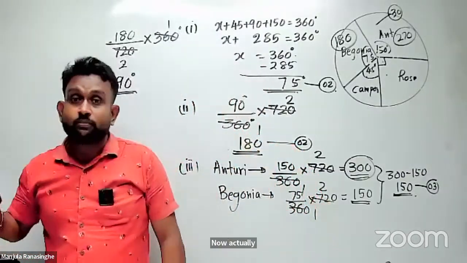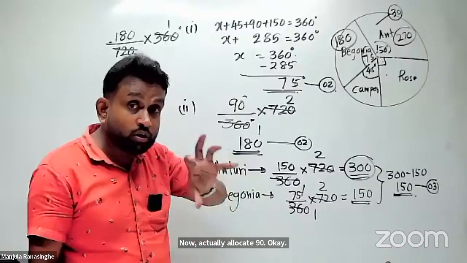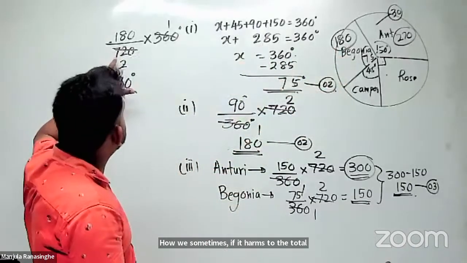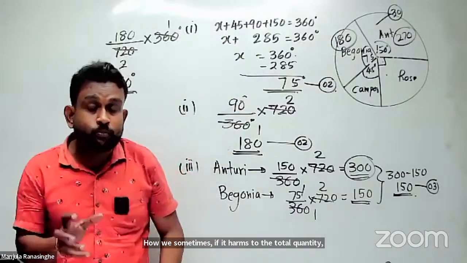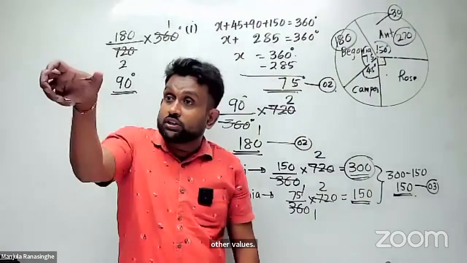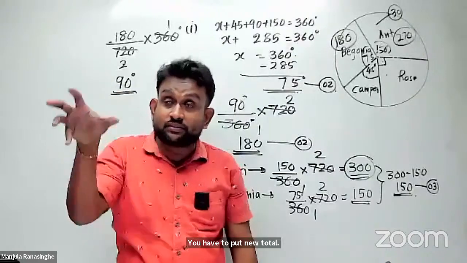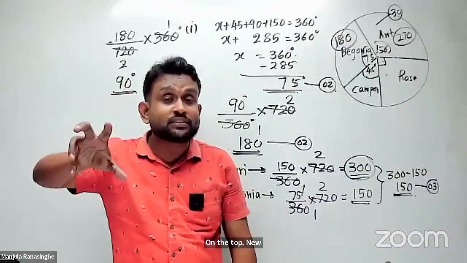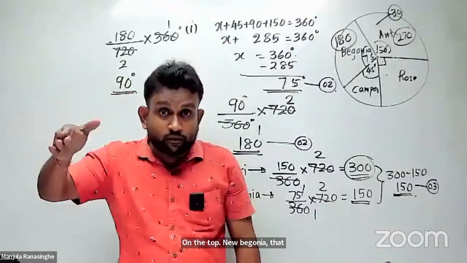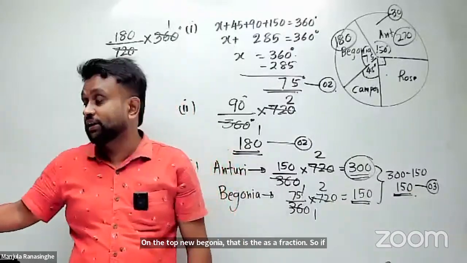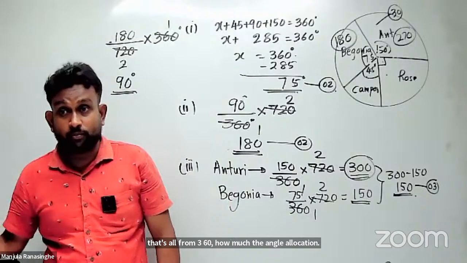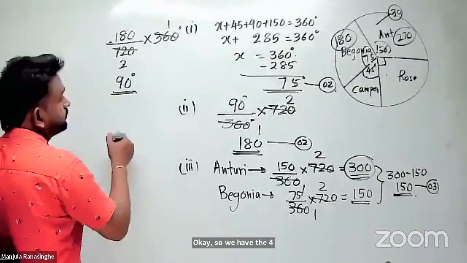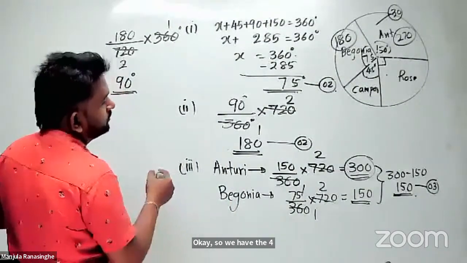Sometimes if it harms the total quantity, then this also differs, not 720, maybe other values. So you have to put the new total on the bottom and new begonia on the top as a fraction, the allocation. Then from 360, how much the angle allocation? So you have the 4 marks for that one.